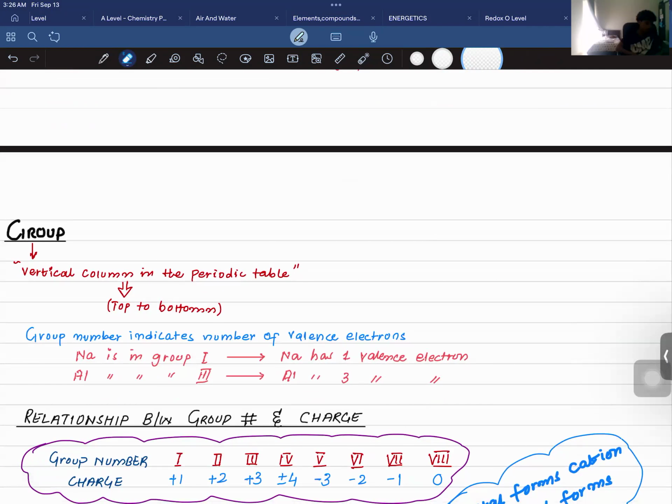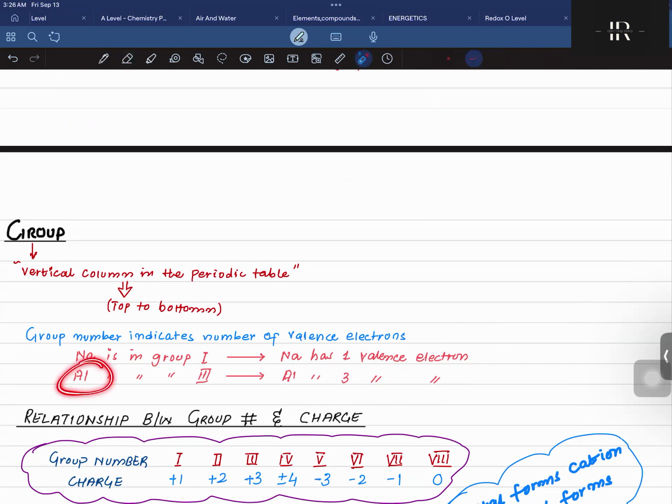Okay, so sodium is in group 1 as it has one valence electron, and aluminium is in group 3 as you know that aluminium contains 3 electrons in its outer shell.